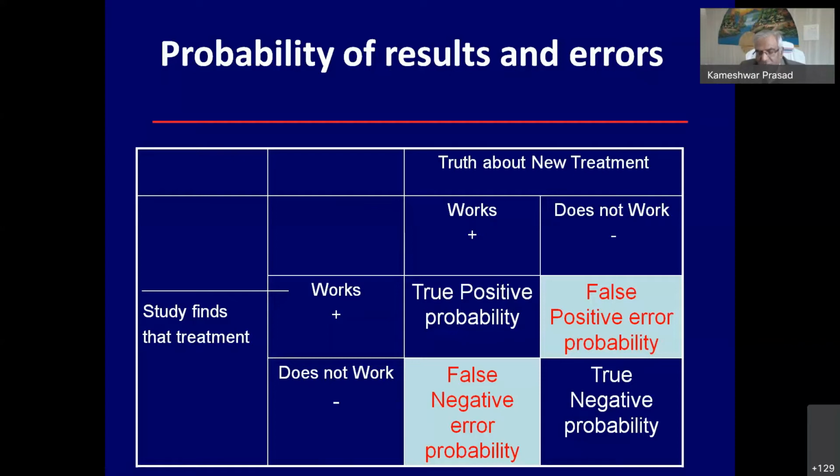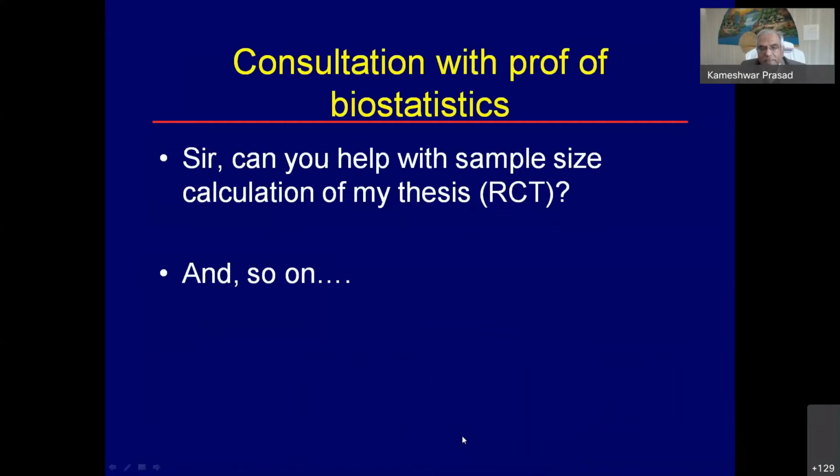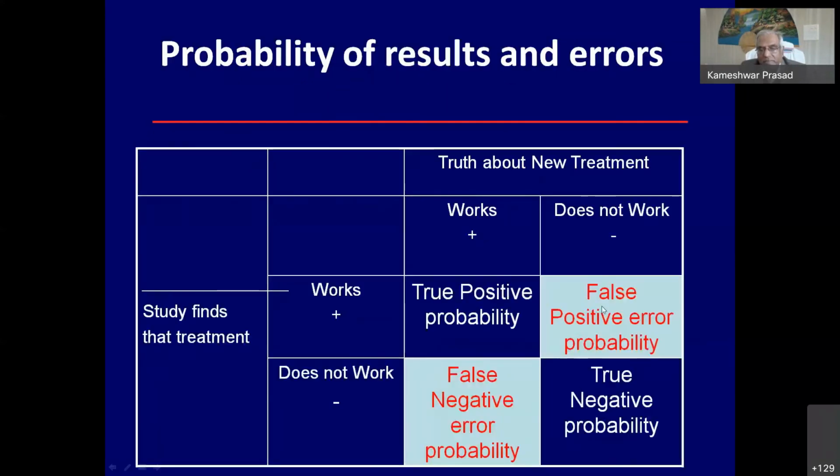Remember this. Once you convert the type of result into percentage, there is another name which has been given to this. False positive error probability is called alpha, just to make it shorthand, and false negative error probability is called beta. So this is what you ought to remember.